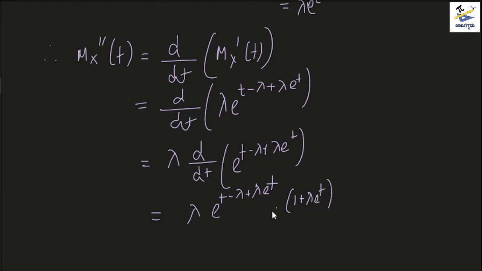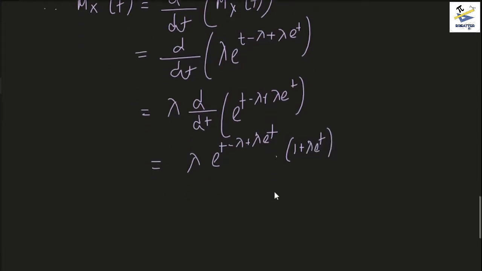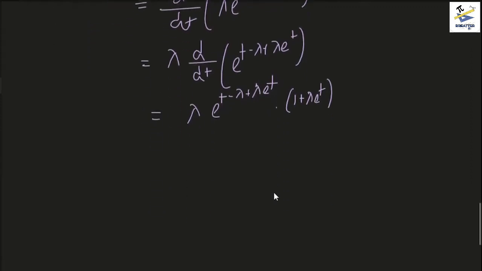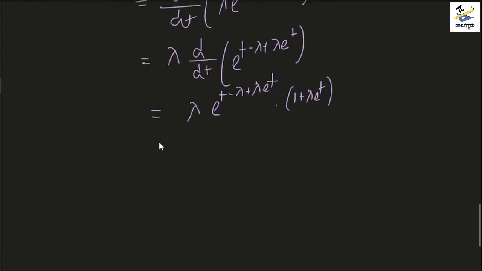So this should be our required answer for the second derivative: lambda squared e to the power (2t minus lambda plus lambda e to the power t).